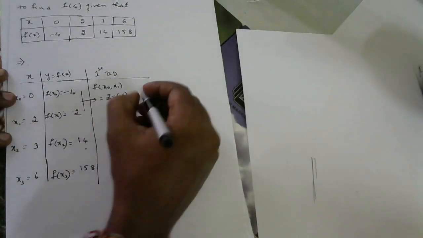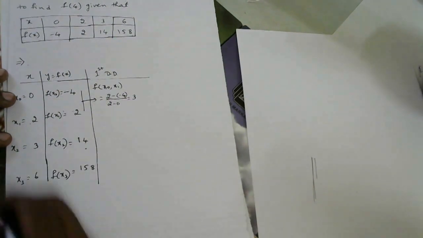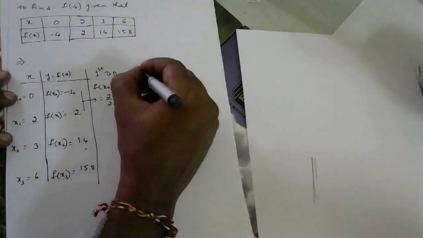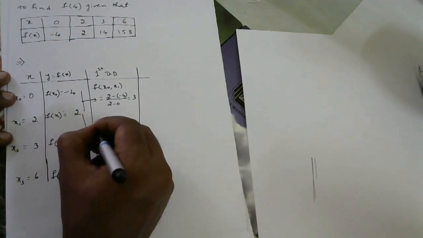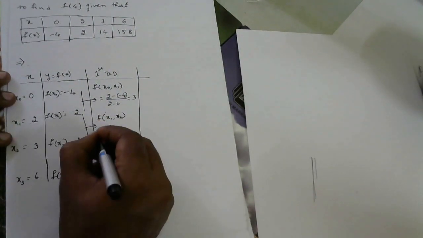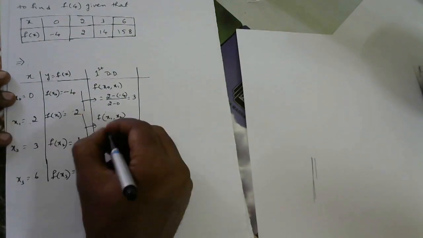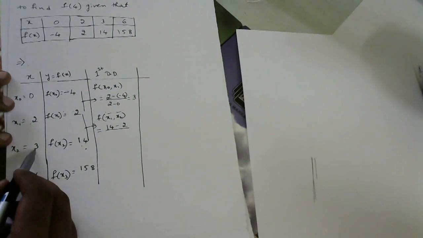You will get 3. Now f of x1 comma x2 equals 14 minus 2 divided by x2 minus x1, 3 minus 2.